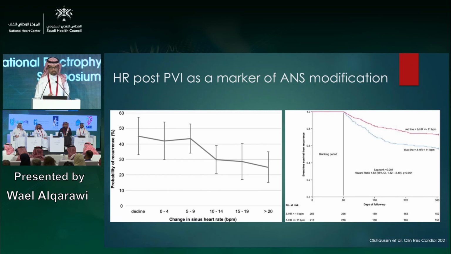This is a nice study because it showed what appears to be a dose-dependent effect. The more increase in the heart rate, the less atrial fibrillation you get post-PVI. And if you divide the group by an 11 beats per minute increase in heart rate at 3 months, you get a significant reduction in atrial fibrillation. This is adjusted for medications and antiarrhythmics.